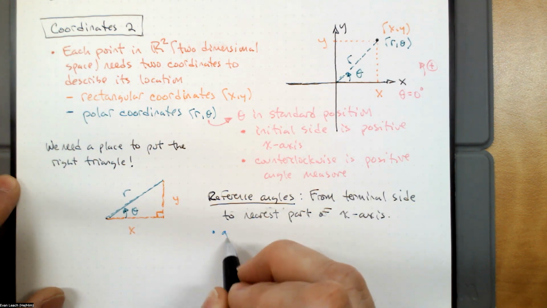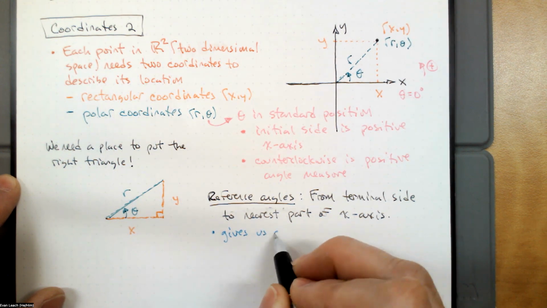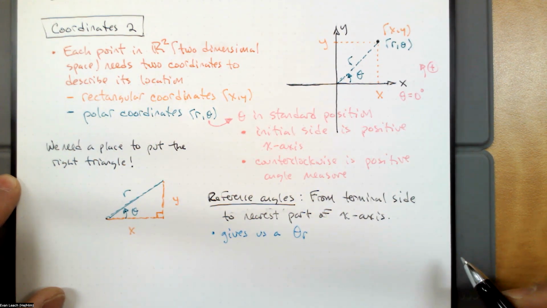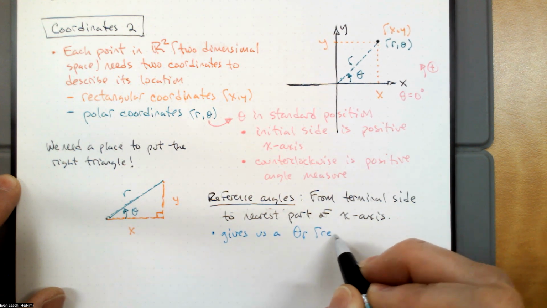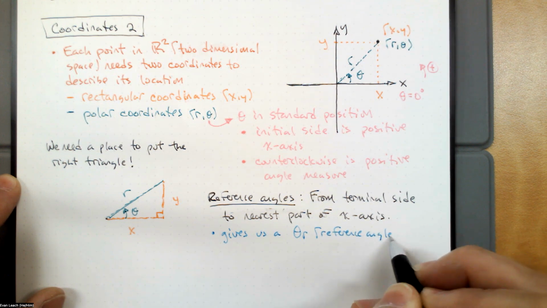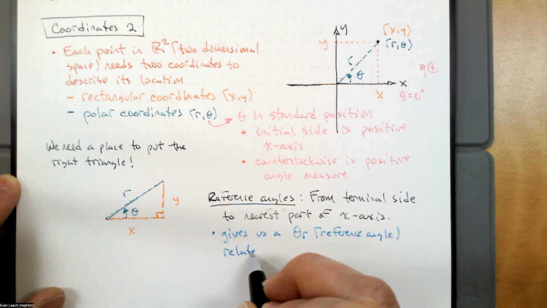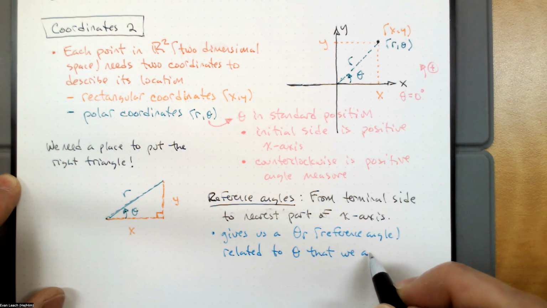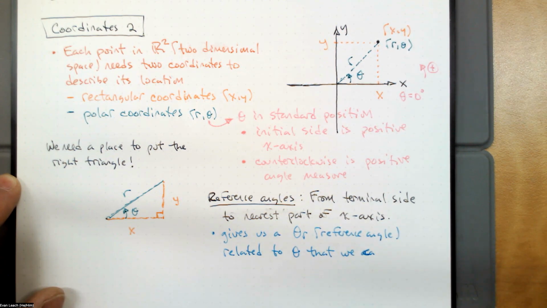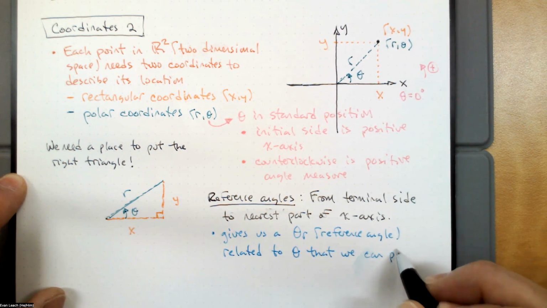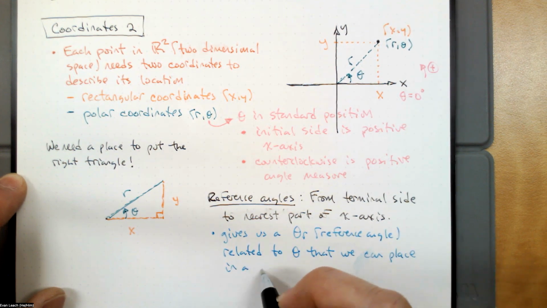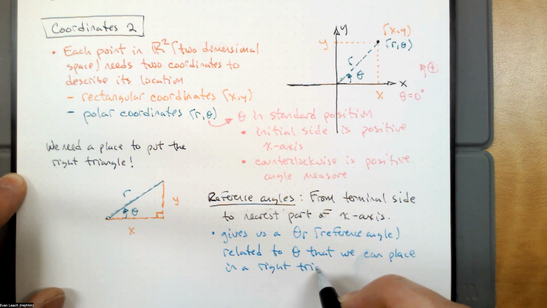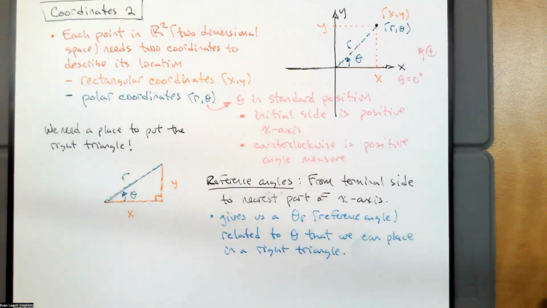So it gives us a theta sub r, a reference angle, related to theta, that we can place in a right triangle.